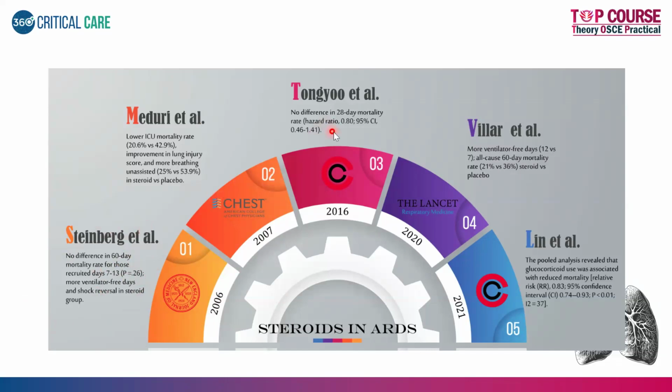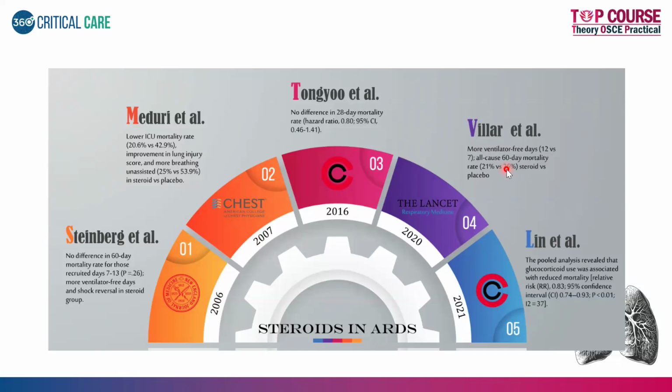Tongyoo et al. also published their trial in 2016. Therein, it did not show any mortality benefit. Okay, this actually was negated by a larger trial done by Villar et al., that is your DEXA-ARDS trial.